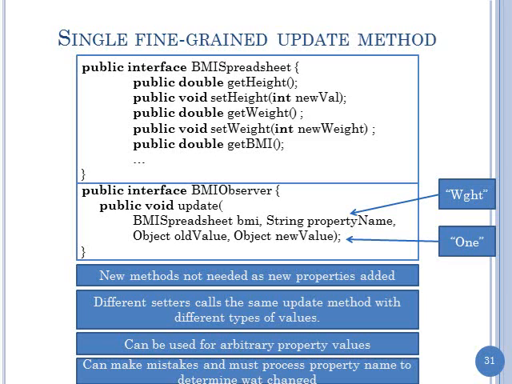Right, so if you send the old height and the new height, then why do you need to send the name, BMI spreadsheet? Oh, why am I sending this? Yes, that's a good point. I don't need to, if this guy is bound to a particular model. But if this guy is a generic view that can have multiple models, then it needs to know what model was sent.